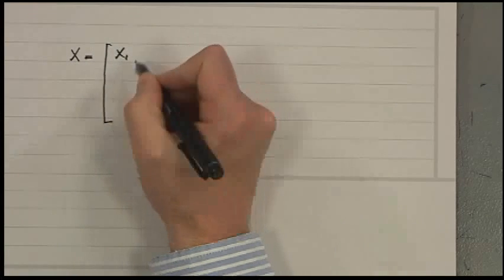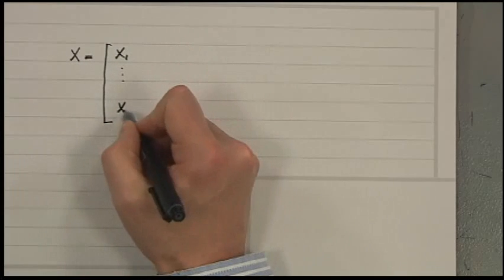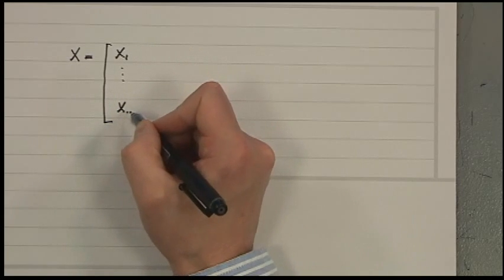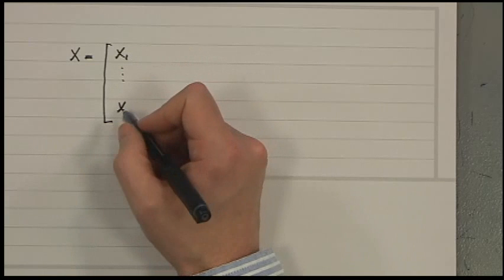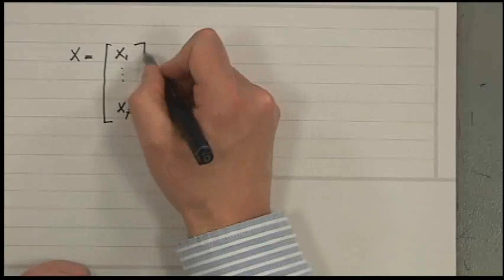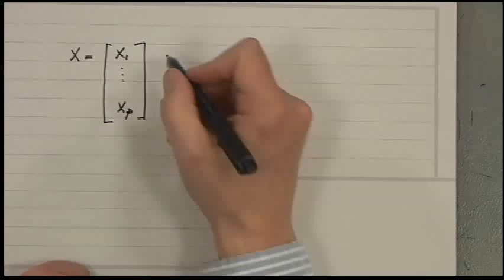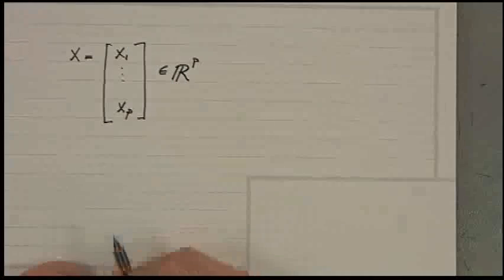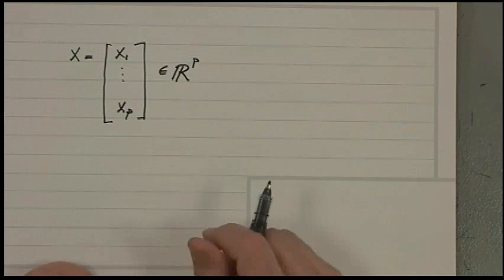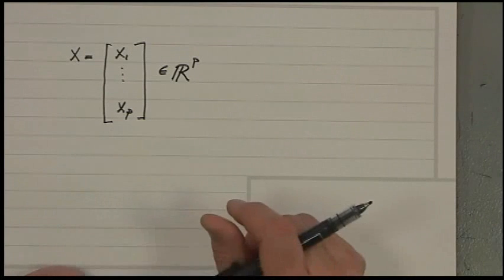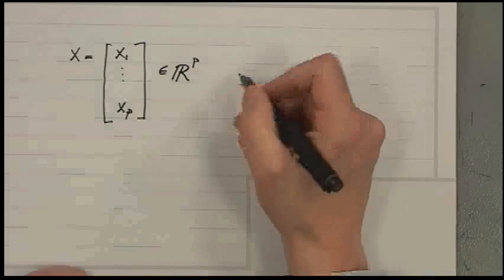It's x1 through xP, where P is the dimensionality. So this is a member of R^P. It's a random process, or a random vector. And so let's say it's Gaussian.